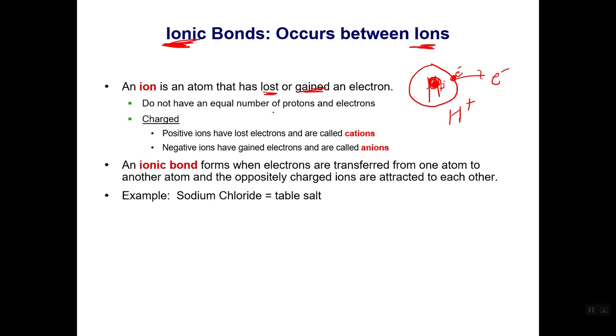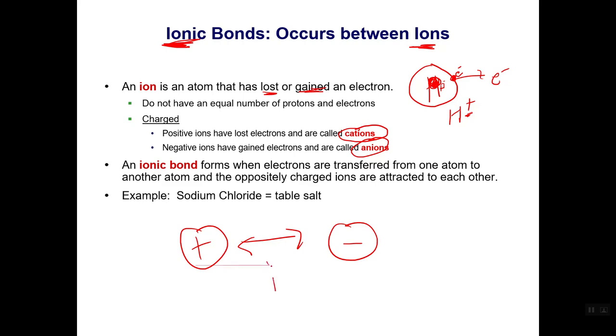All right, so more specifically, ions that have a positive charge, we call those cations. Negative ions, which have gained an electron, are called anions. You need to know those definitions. And when we have a positively charged ion and a negatively charged ion, they're going to be attracted to one another. And that's what we call an ionic bond.